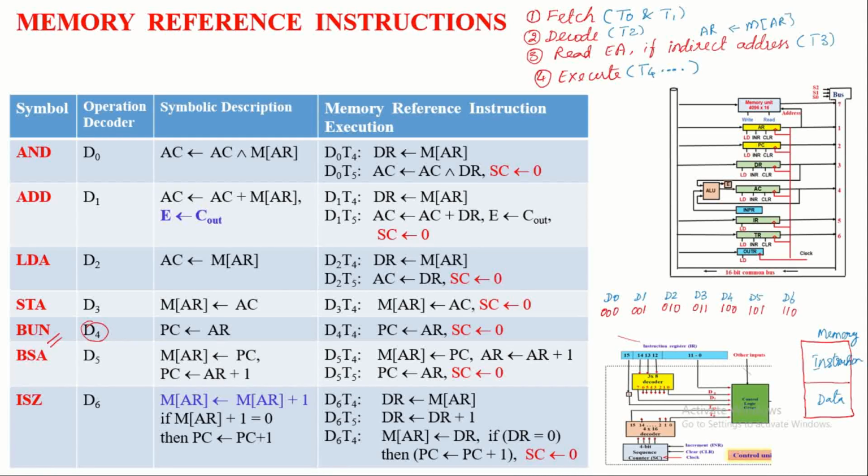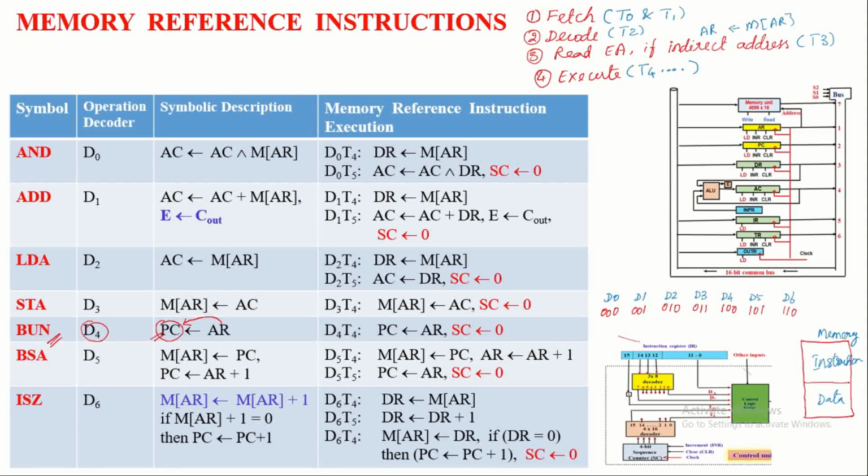This operation can be achieved by transferring the effective address stored in the address register to the program counter register. Just remember one point about the program counter: it is always holding the address of the next instruction to be executed, right?